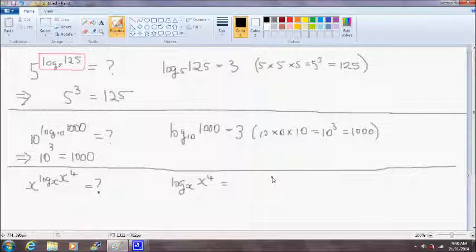And the implicit answer is the number 4, as, again, x times x times x times x is equal to x to the fourth.